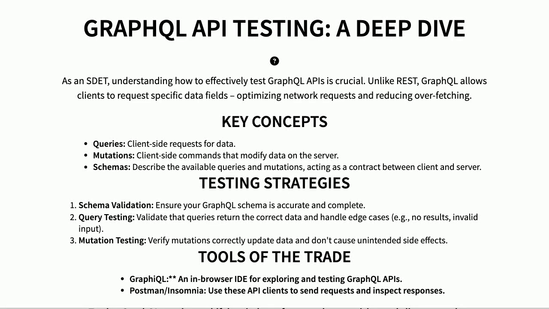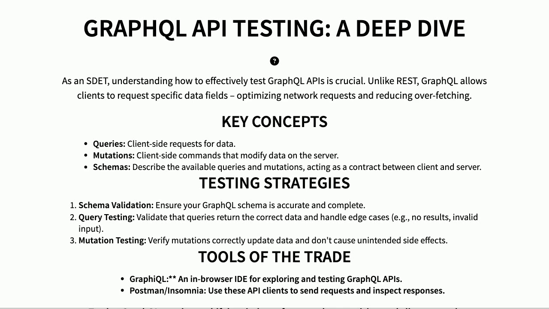Okay, let's talk about testing GraphQL APIs. As an SDET, you'll want to understand that this isn't like traditional REST. GraphQL lets clients ask for exactly the data they need, which is really great for efficiency. The key things to know are queries. Those are your client requests for data, and mutations, which are how clients change information on the server. GraphQL also uses schemas, kind of like a contract that defines what's available.